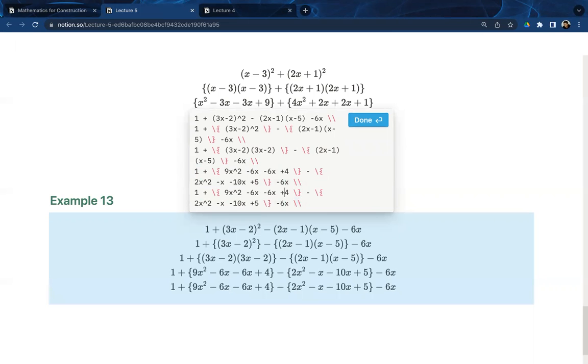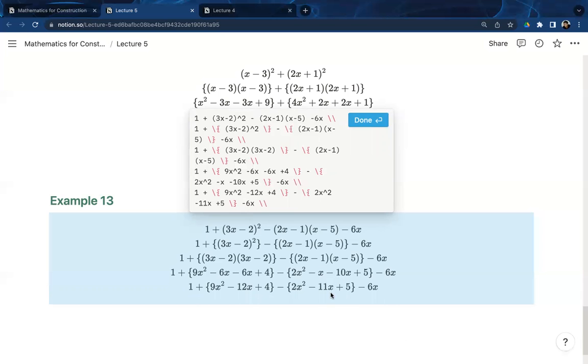So we could combine some like terms together. This is minus 12x. And this down here, there's minus 11x. Minus x minus 10x is minus 11x. Now we want to remove the brackets, okay?